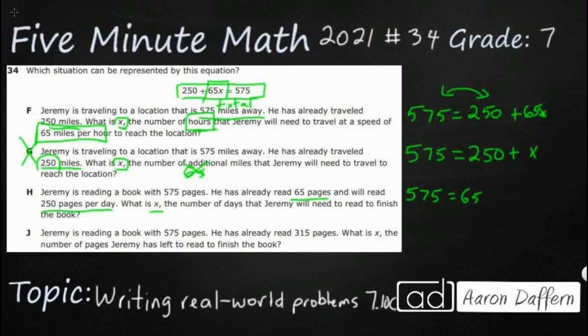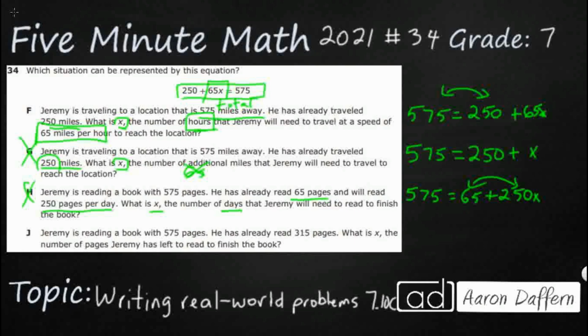What is x? The number of days. Look what they did. They gave you the right structure, they just changed the numbers. It's 250 pages per day, so that's 250x. So they gave you the 575 equals. We obviously just need to flip those two. So no on H. Let's check our J.